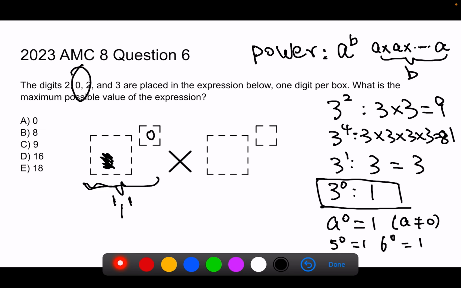Given that you want this expression's value to be as big as possible, technically whatever number I put here is going to be wasted. It's going to be 1 anyway, so I'm going to put 2 here because 2 is smaller. I want to save my 3 for a larger value. So the first part is done: 2 power 0, which is equal to 1.